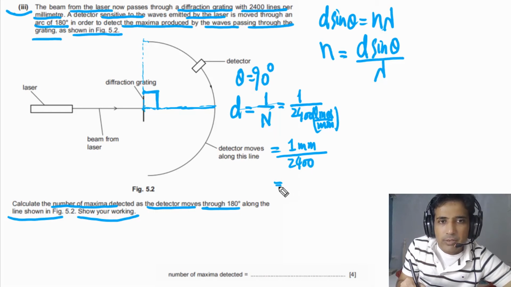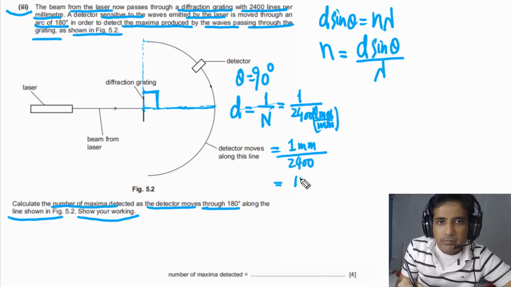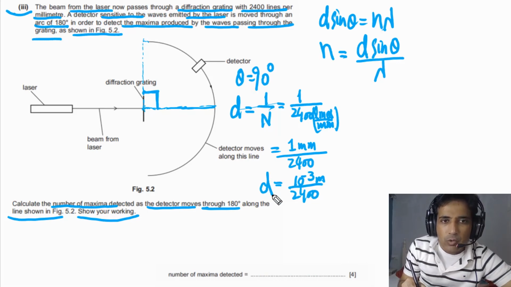We need to convert millimeters into meters now. 1 millimeter is equal to 10 to negative 3 meters, so this is divided by 2400. This is the value of d.